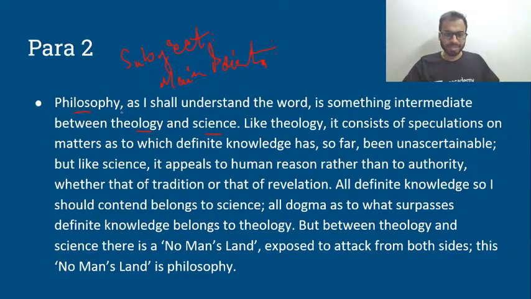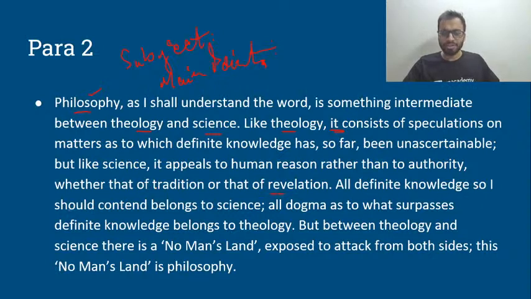Alright. So the main first sentence is talking about what? Talking about philosophy. Like theology, it consists of speculations on matters as to which definite knowledge has so far been unascertainable. It is here again referring to what? Philosophy. But like science, it appeals to human reason rather than to authority, whether that of tradition or that of revelation.